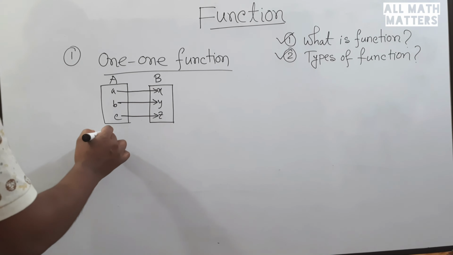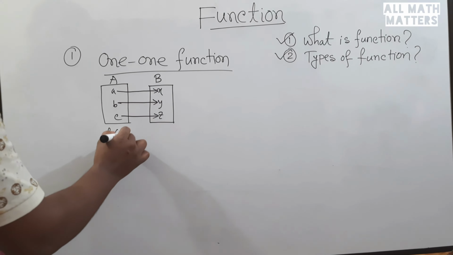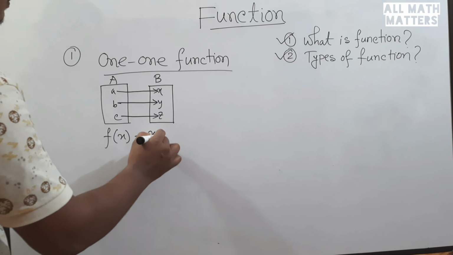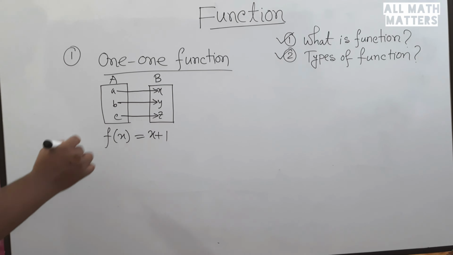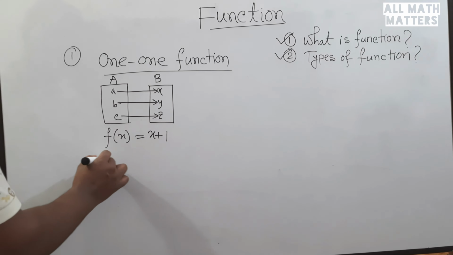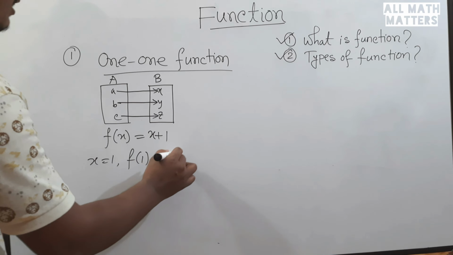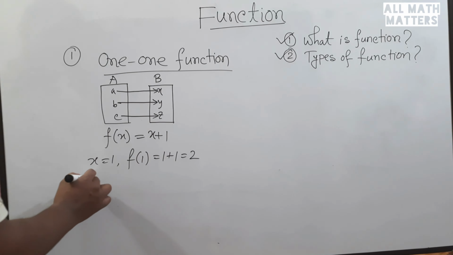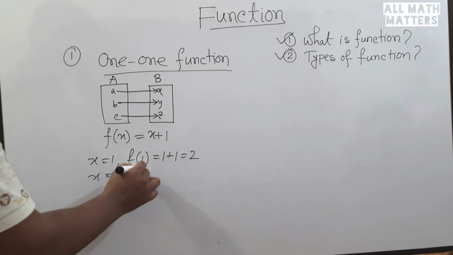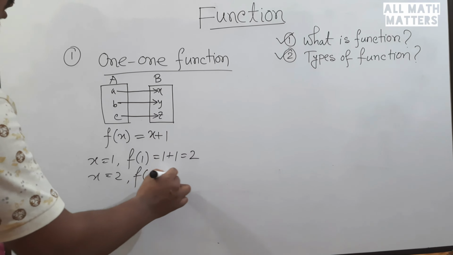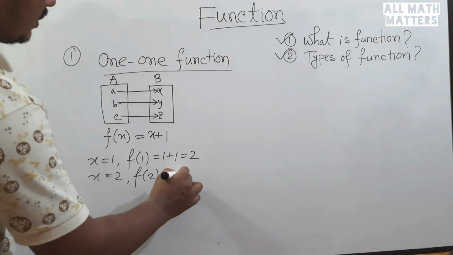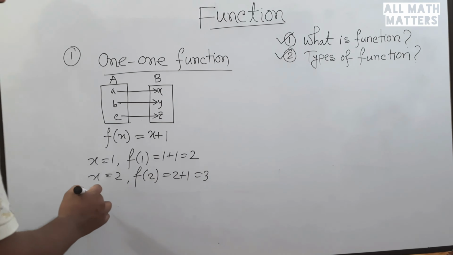So let's say f of x equals x plus 1. If x equals 1, then f of 1 equals 1 plus 1, that is 2. If x equals 2, then f of 2 equals 2 plus 1 equals 3.